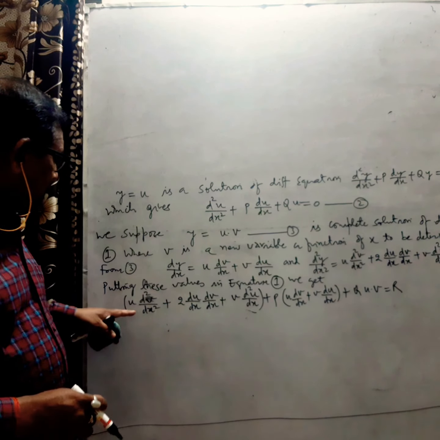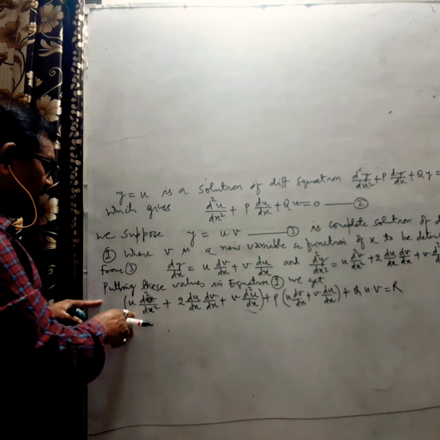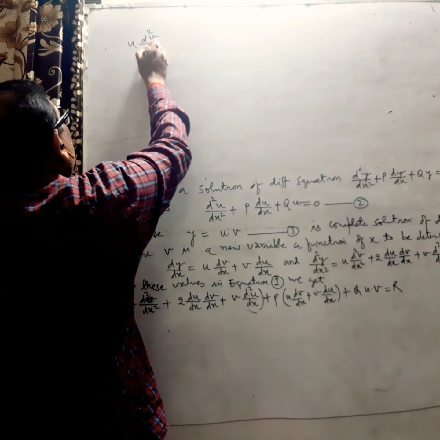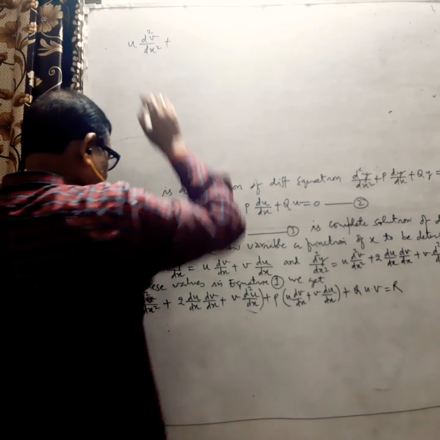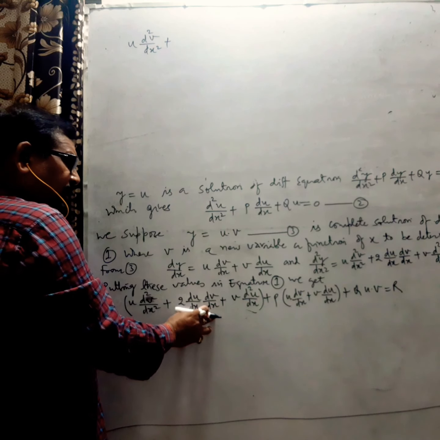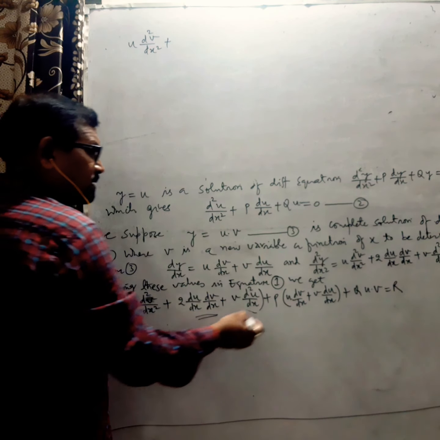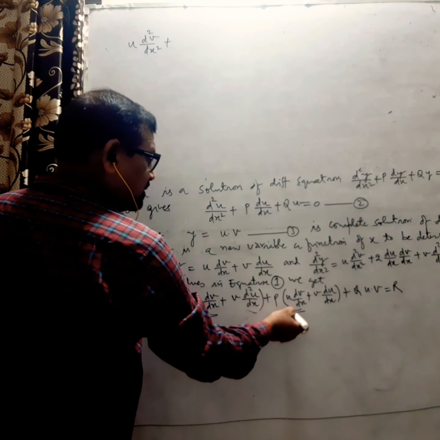Now you write this u d2v upon dx square plus, I am just collecting the terms containing dv upon dx. So this term contains dv upon dx, and this term contains dv upon dx.